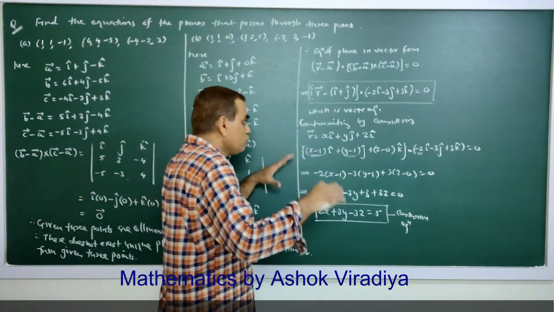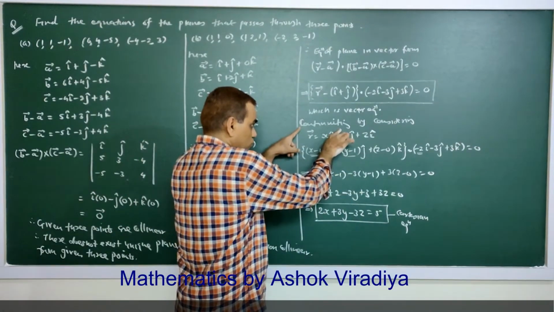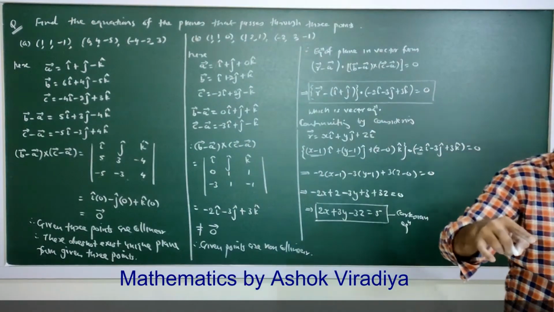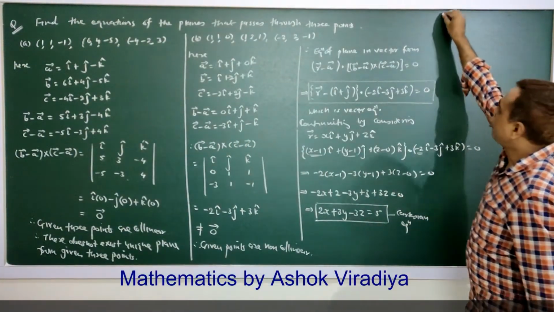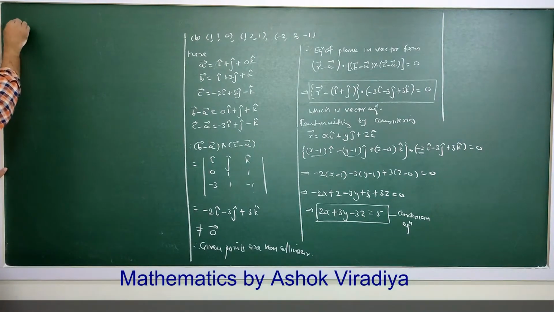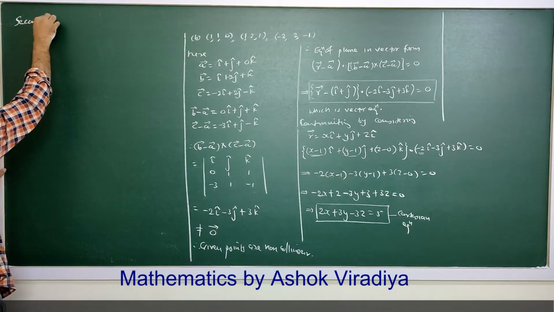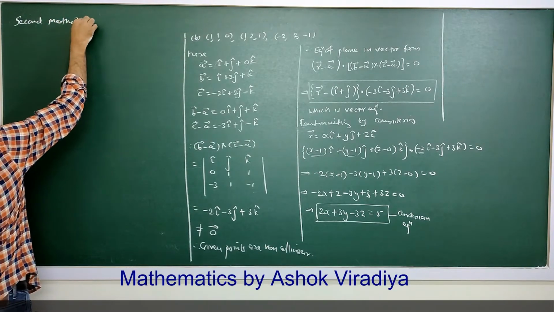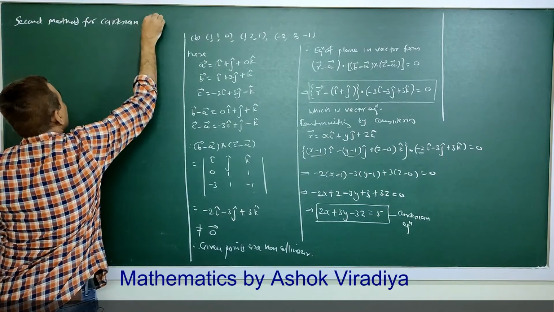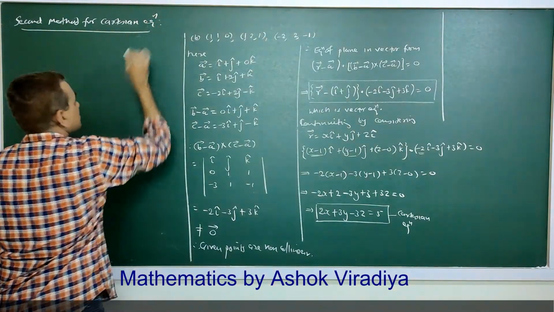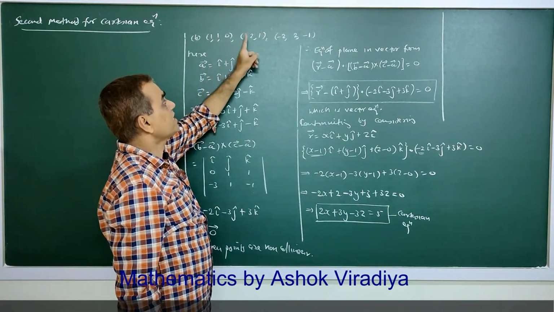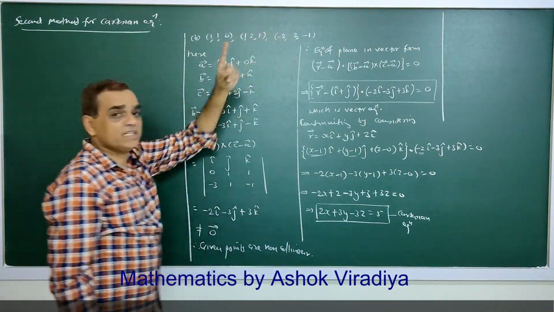And if you don't want to continue from vector equation, then the second method to get Cartesian equation is an alternate method. In the second method, we call these points as x1, y1, z1, x2, y2, z2, x3, y3, z3.